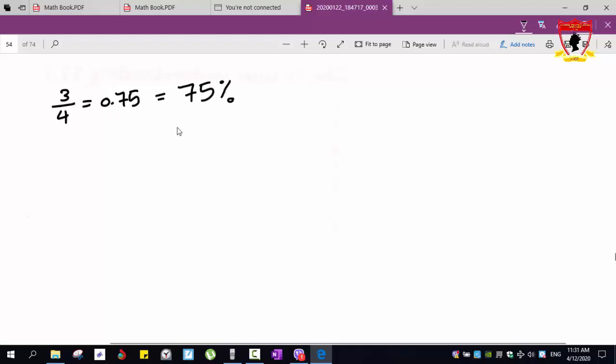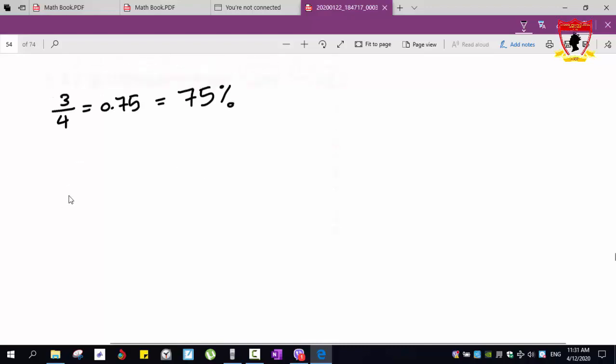So 75% is equivalent to 0.75, and it's equivalent to 3 over 4. They all represent the same number, but this one is in percentage form, this one is in decimal form, and this is as a fraction.